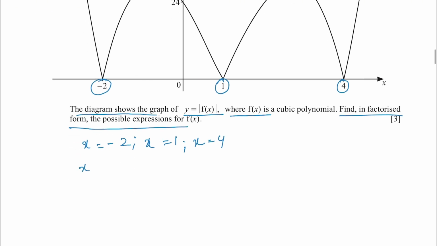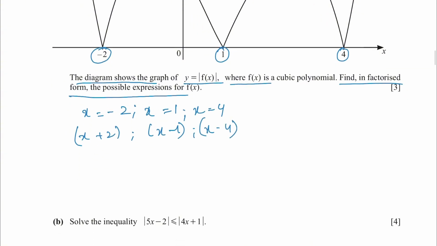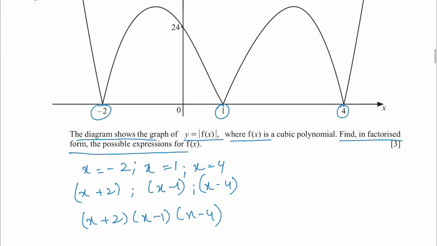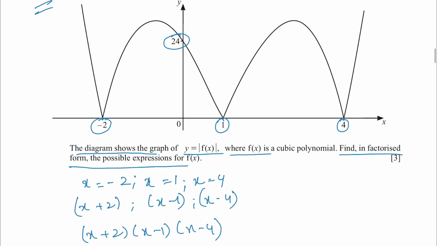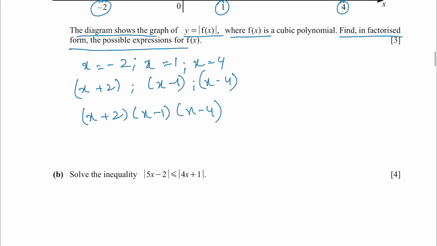Now let's make an equation. This would be x plus 2, x minus 1, x minus 4. So we have our three roots. We're multiplying all of them, we're getting our answer as this. But we need to know, is this the right answer? We'll be checking it by plugging in x equals to 0.